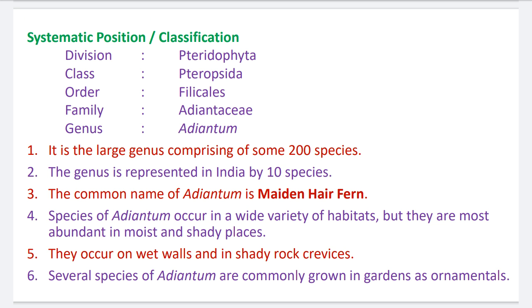Then several species of Adiantum are commonly grown in gardens as ornamentals. Ornamentals means decorative plants.